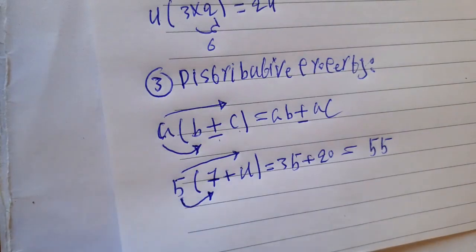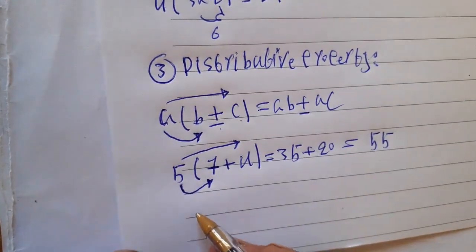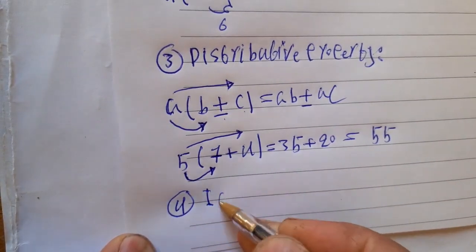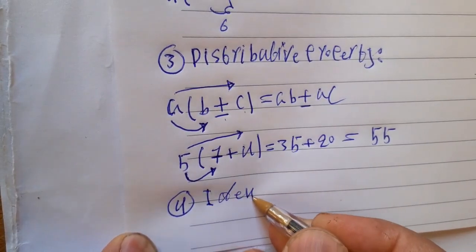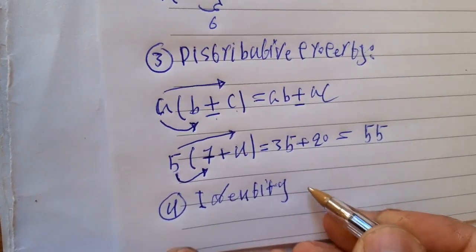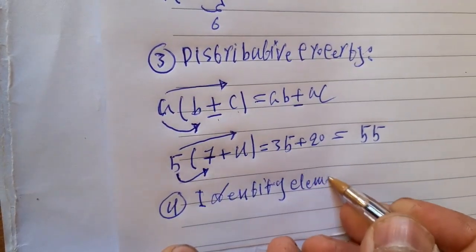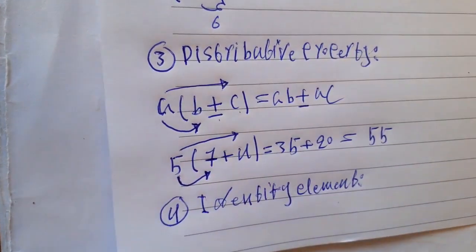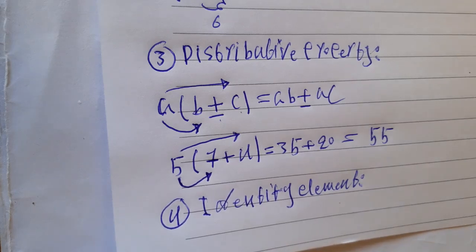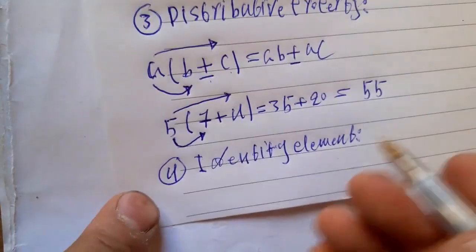Number 4. Identity element. One is the multiplicative identity, meaning that any number multiplied by 1 equals itself.